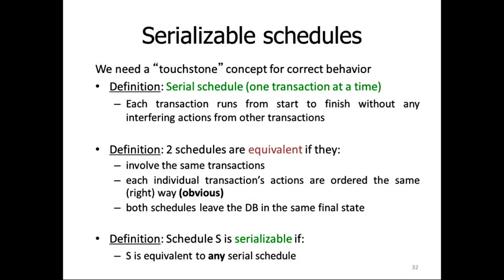And so in order to make sure that the system only picks correct concurrent executions of transactions, obviously we need a definition of correctness for schedules that will interleave in time operations of various transactions. And so this is what we'll define next.